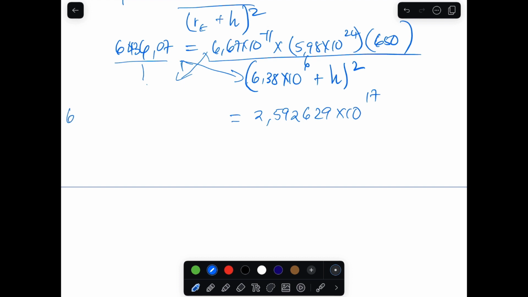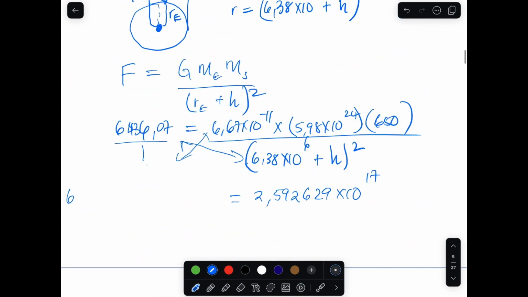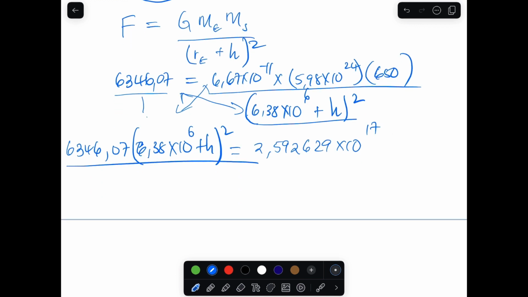So it's going to be 6,346.07 multiplied by 6.38 times 10 to the power 6 plus h, all that squared, and then we divide by 6,346.07 on both sides.